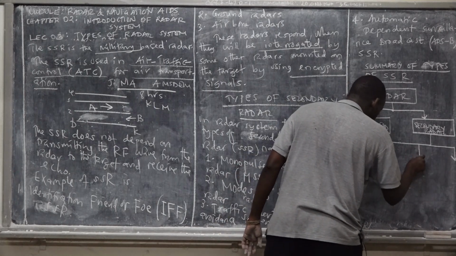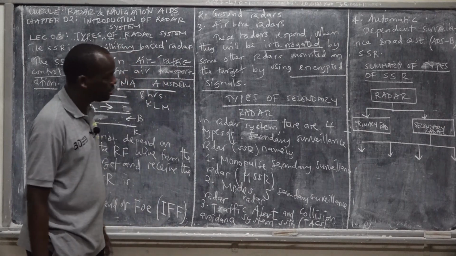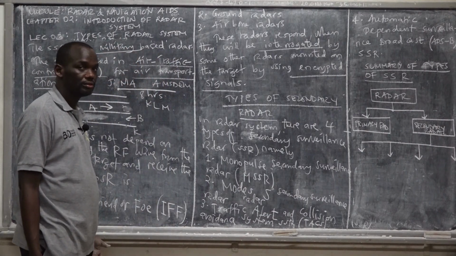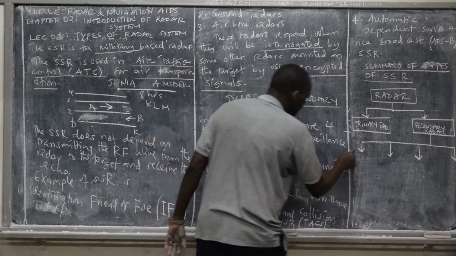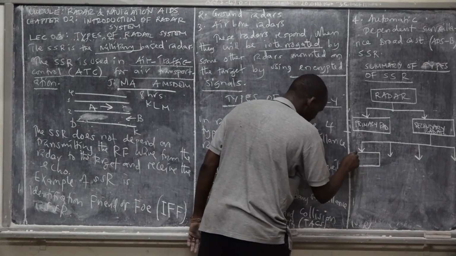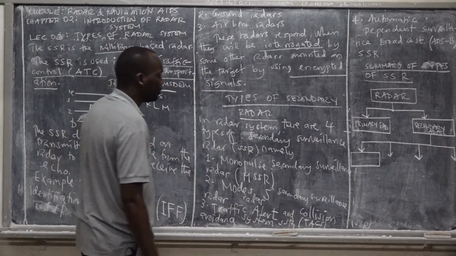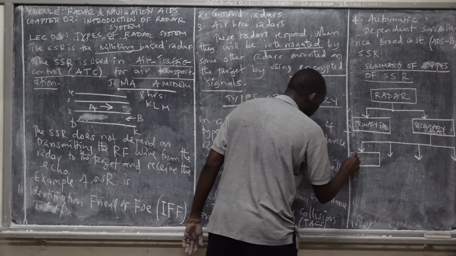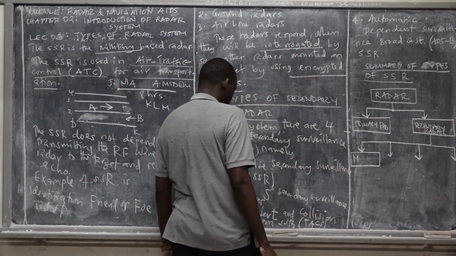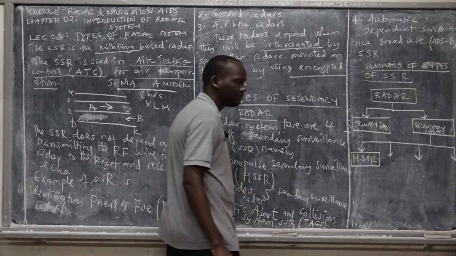Please, I ask you to draw what I'm drawing there, because in the previous part, you forgot to draw it. The first type, we say it is monopulse secondary surveillance radar.